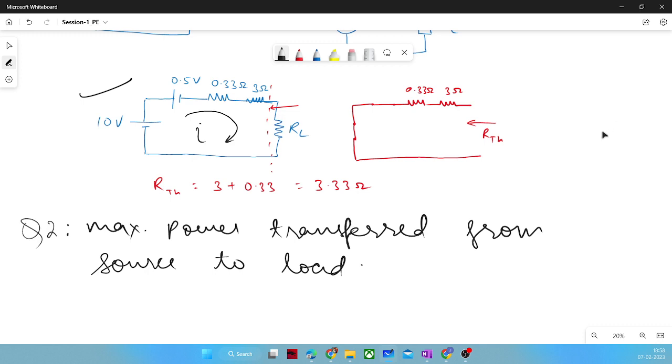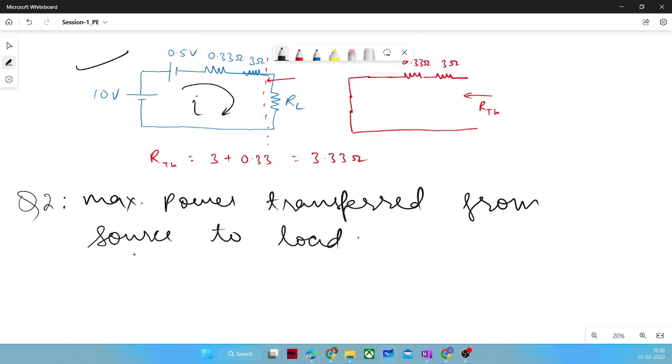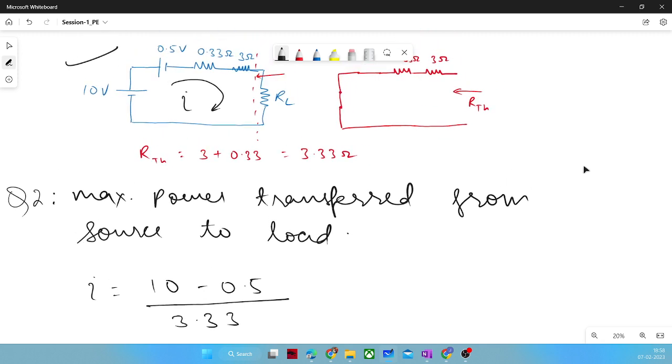So quickly we will compute the value of current. So that current will be 10 minus 0.5 divided by 3.33 into 2 times, right?